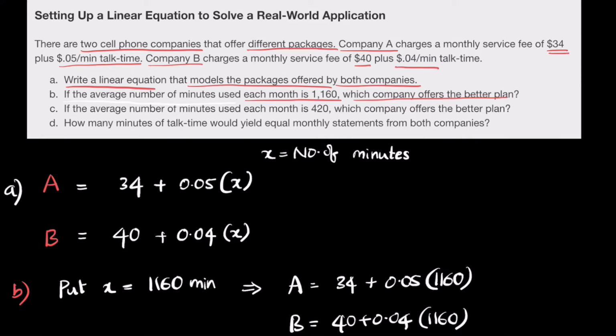When you calculate, 0.05 times 1160 is 58, so that is $92. For the second company, 0.04 times 1160 is 46.4, so 40 plus 46.4 is $86.4.